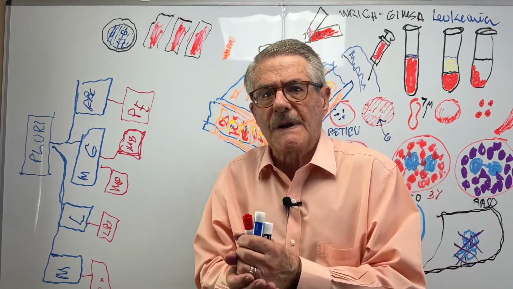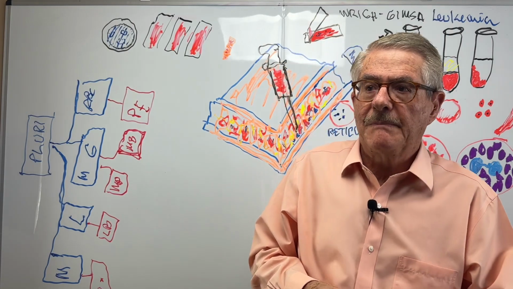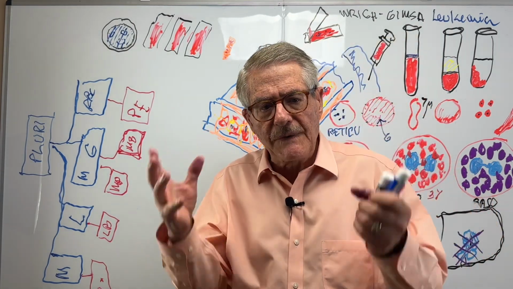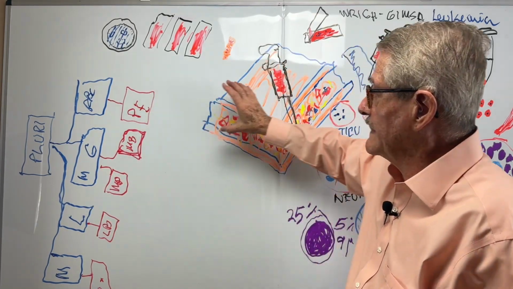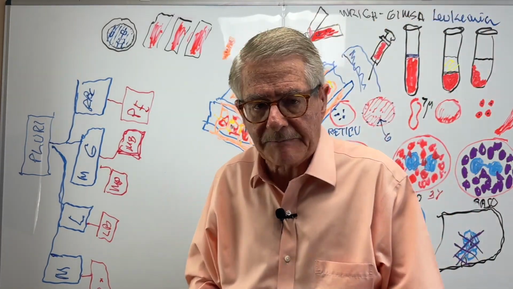Now, if we start thinking about the red blood cells, you're going to be a bit confused with the numbers. The names are a bit confusing, but essentially the maturation of the red blood cells is quite simple.